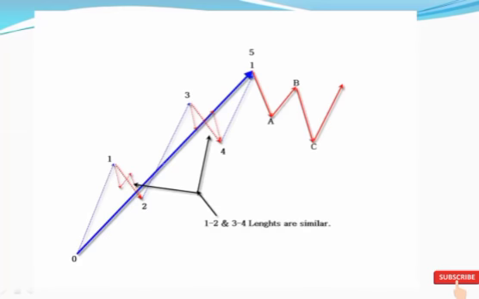Okay, now remember what we talked about in a prior class where we had the A to B, C to D. Essentially 1 to 2 and 3 to 4 are typically similar. So if this is 10 points or 20 points, let's just say 20 points down, this many times will be around 20 points also, give or take.